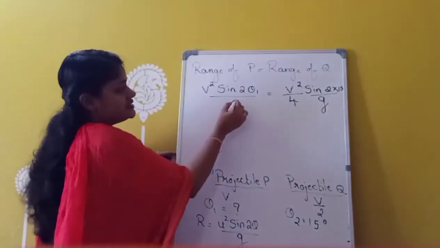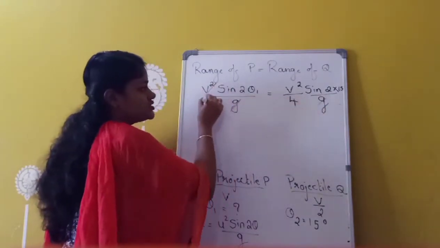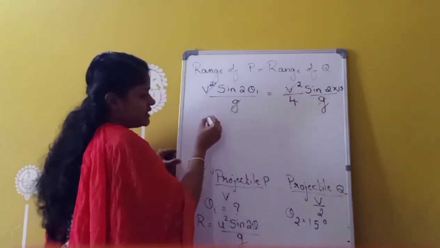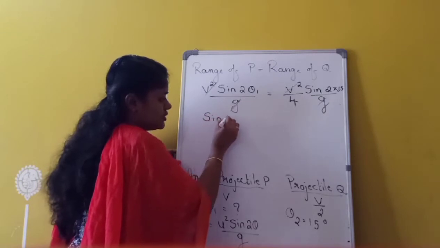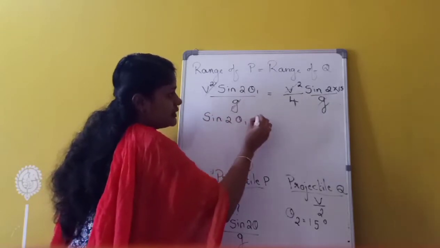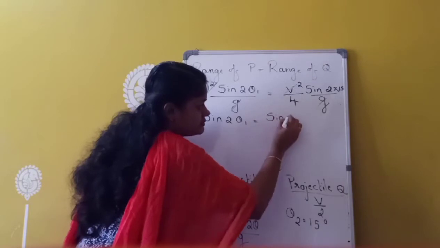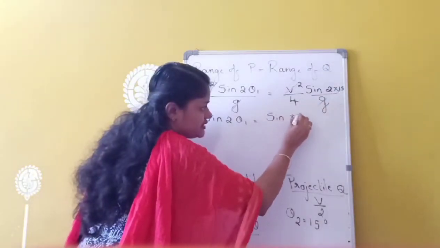Now this G will cancel, and V square will cancel. So remaining we have sine 2 theta 1 equals sine 30, since 2 into 15 is 30, divided by 4.